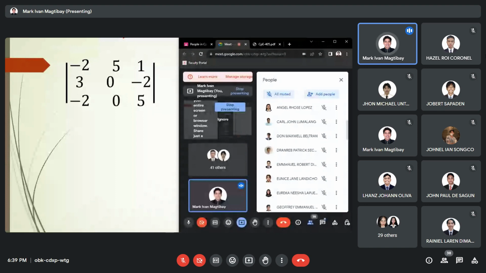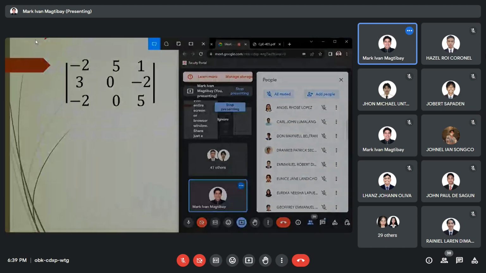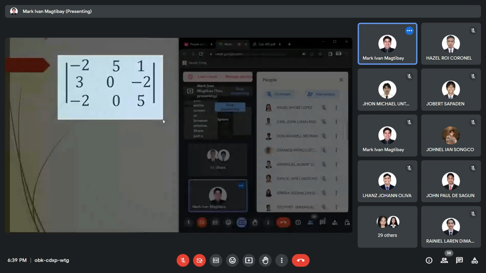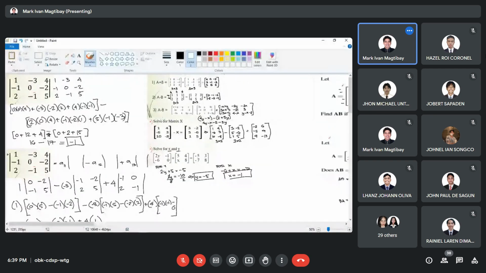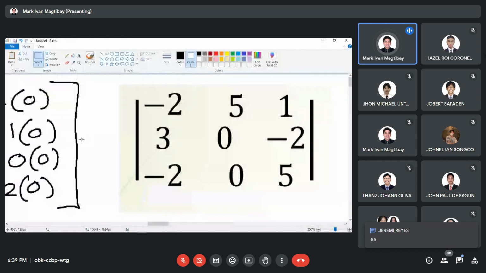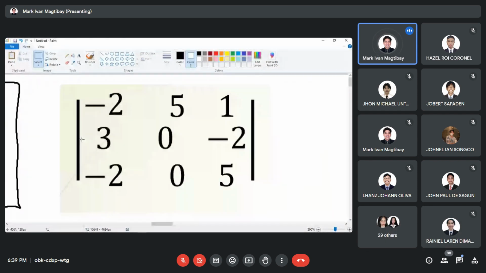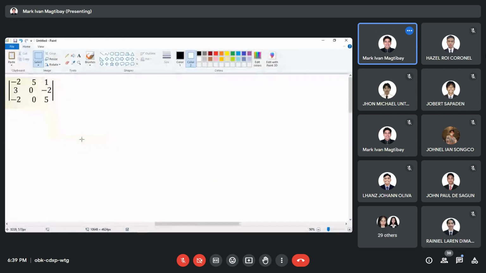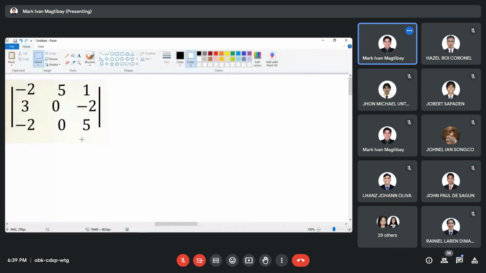Sige, tuloy. Ayun, may umabol. 55 daw. Sige. So titingnan natin. Dalawang method po ang gagamitin natin.